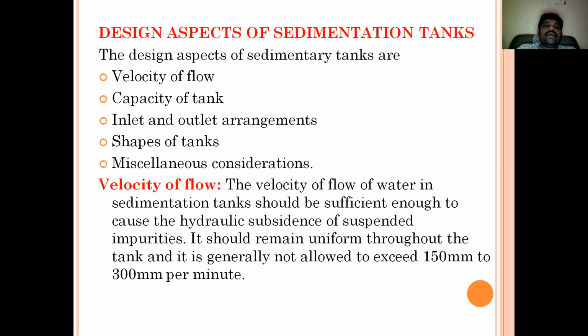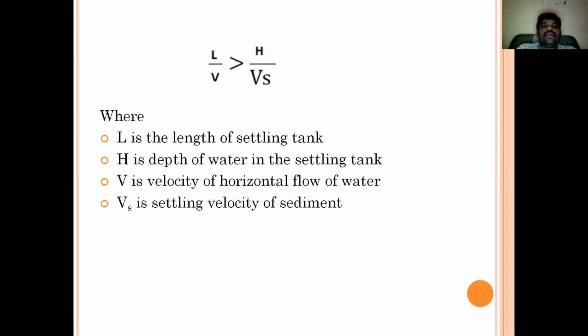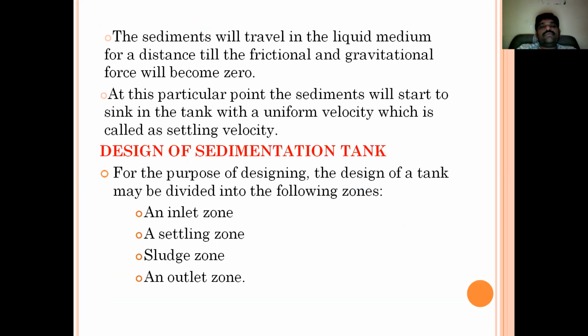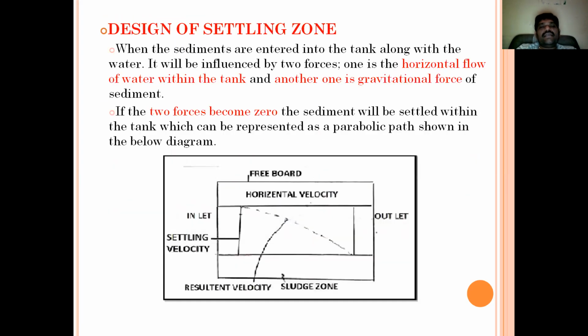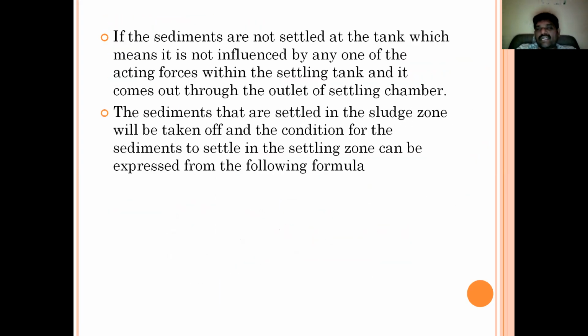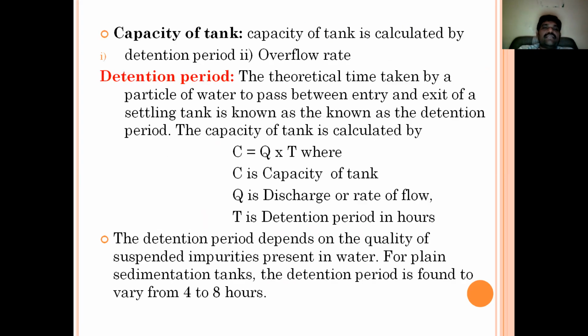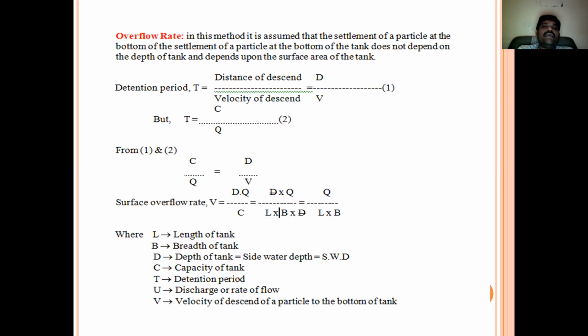The principle of sedimentation and design of a sedimentation tank include the inlet zone, settlement zone, sludge zone, outlet zone, and velocity of flow. We are going to do some problems in this unit where we may encounter detention periods, overflow rates, and these formulas.